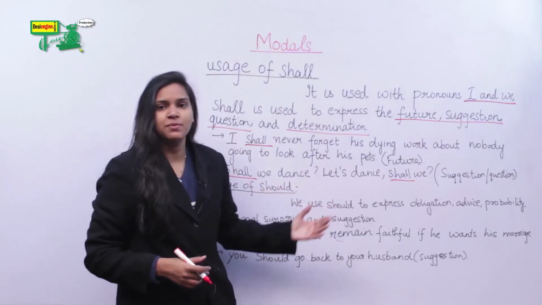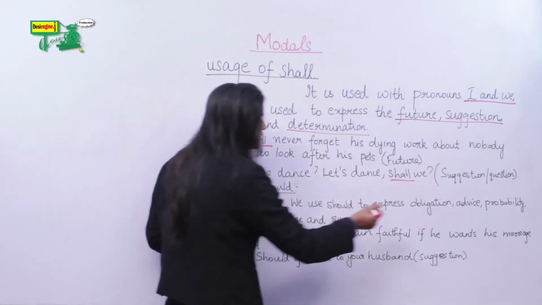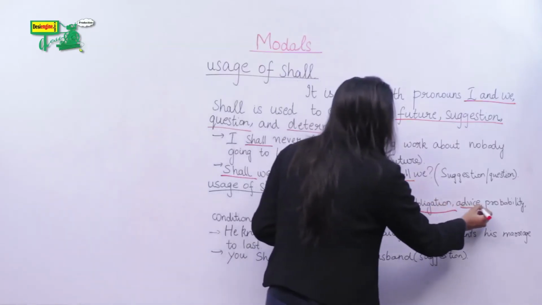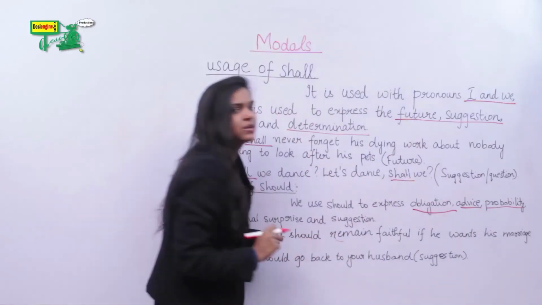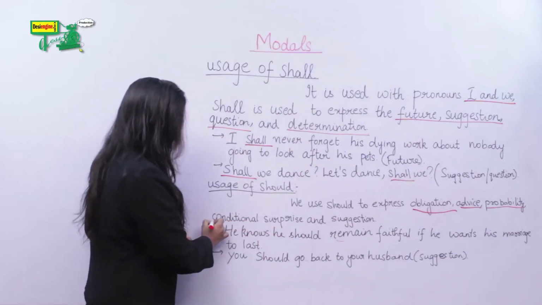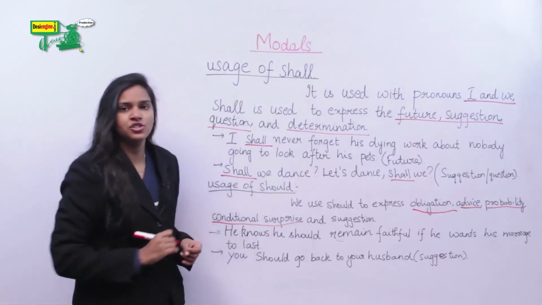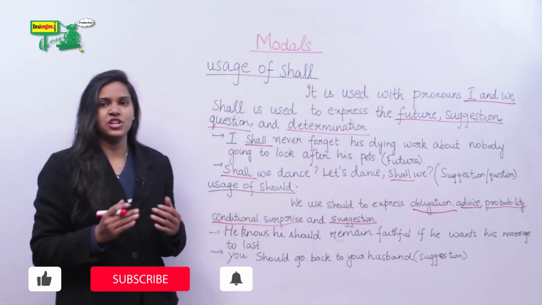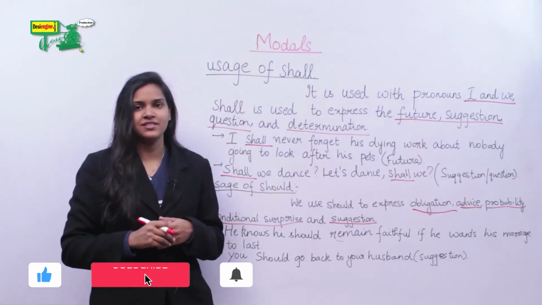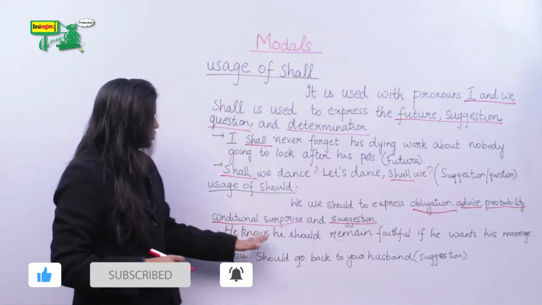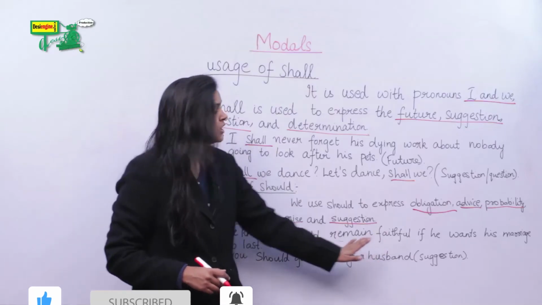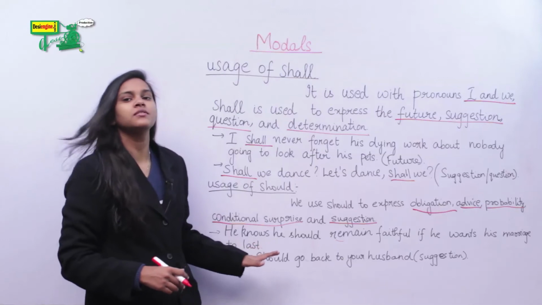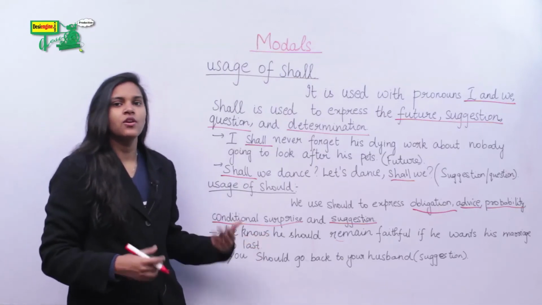Should is used to express obligation, advice, probability, conditional surprise, and suggestion. Let's take few example sentences. He knows he should remain faithful if he wants his marriage to last. This is a sentence which shows obligation.